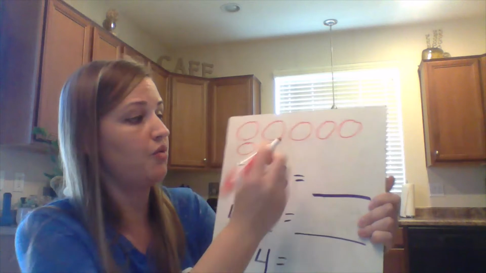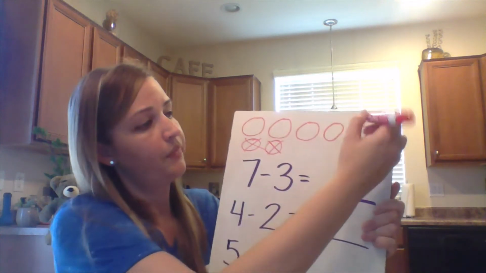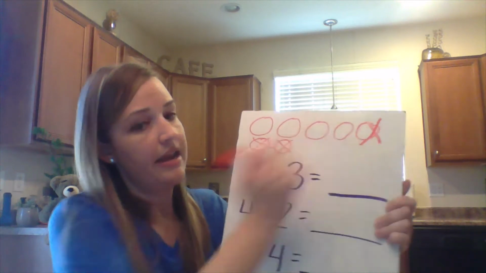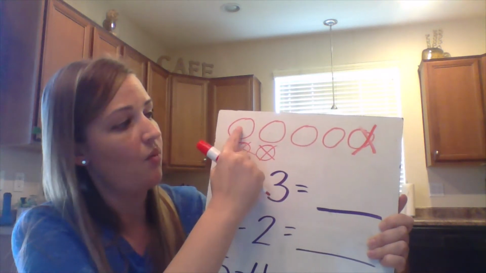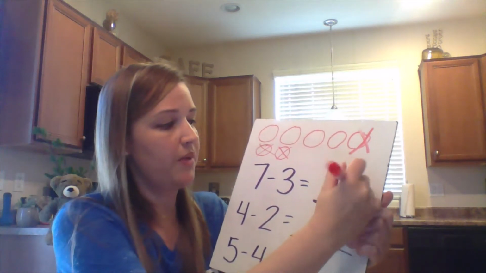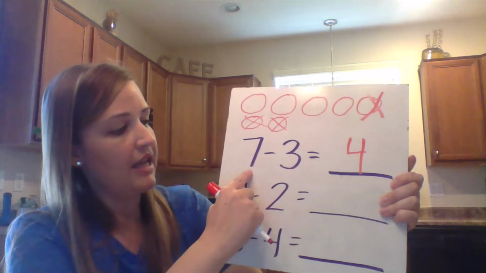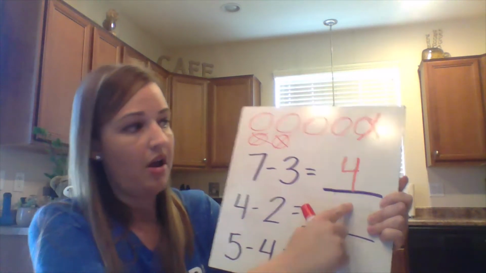I'm going to take away 3. 1, 2, 3. Now, boys and girls, how many do I have left? 1, 2, 3, 4. Good. So if I read my problem, 7 minus 3 equals 4. Let me erase my drawing and let's do the next problem.